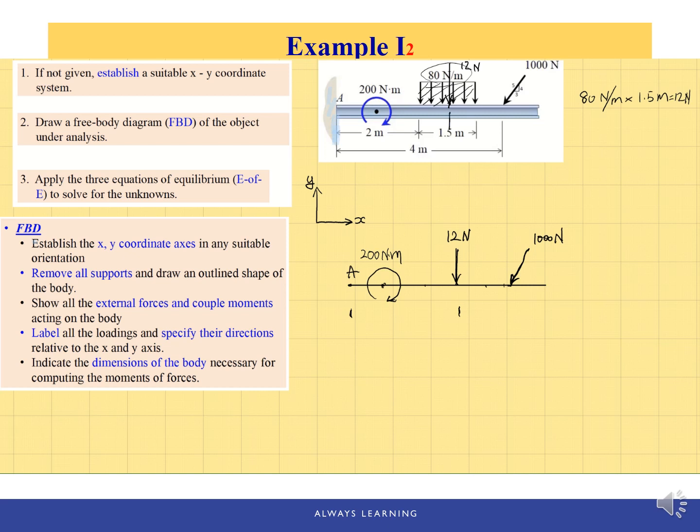Because the load is 0.75 from the left side of the distributed load, it's 2.75 meter from point A, and this 1,000 Newton concentrated load is 4 meters from point A.